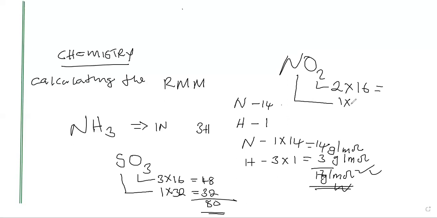What is the mass number for nitrogen? It has a mass number of 14. When we multiply 2 and 16, we get 32. When we multiply 1 and 14, we get 14. Then you add: 2 and 4 gives you a 6, and 3 and 1 gives you a 4. So that is your answer.